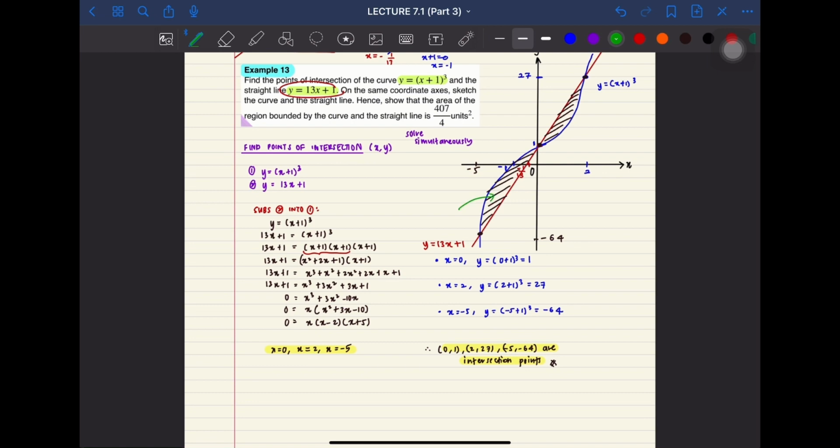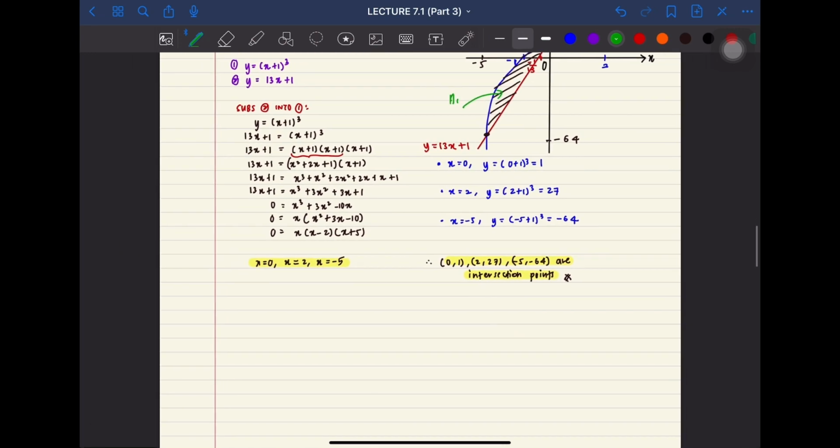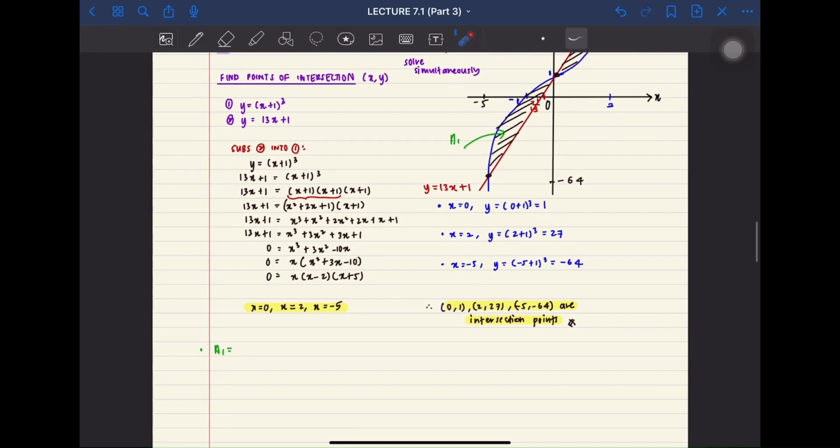So saya label yang ni sebagai A1, this one sebagai A2. Okay, so kita cari A1 dulu. So A1 daripada negatif 5 sampai 0. Okay, kawasan dia negatif 5 sampai 0.